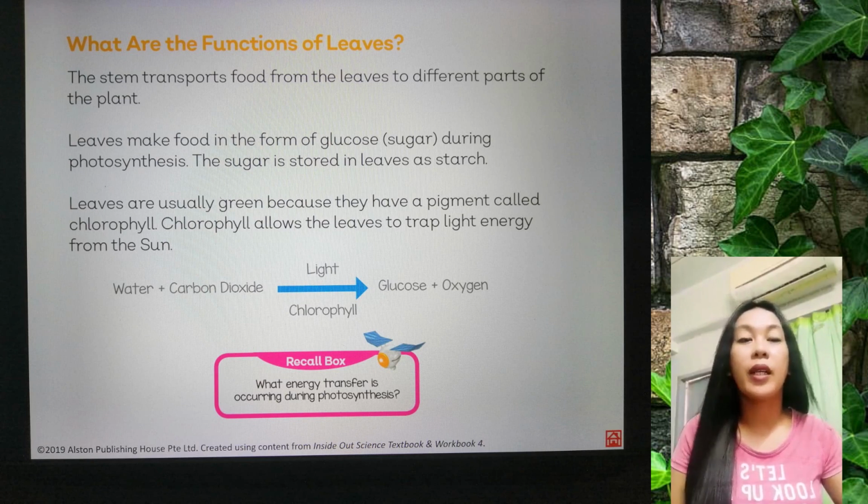The sugar is stored in leaves as starch, and then it becomes the food for the plant. So leaves are usually green because they have the pigment called chlorophyll. Now chlorophyll is very important because it allows leaves to trap light energy from the sun.